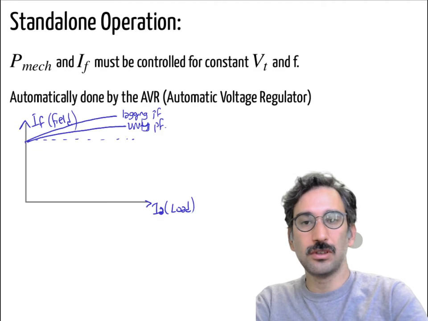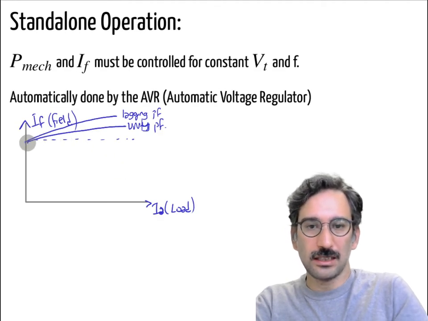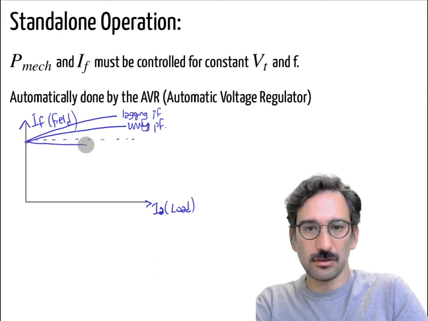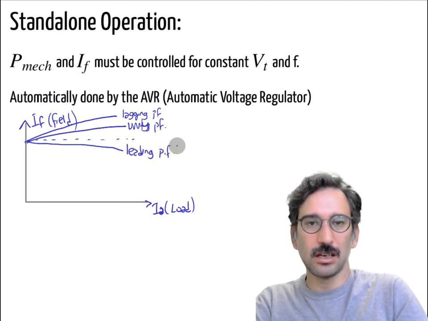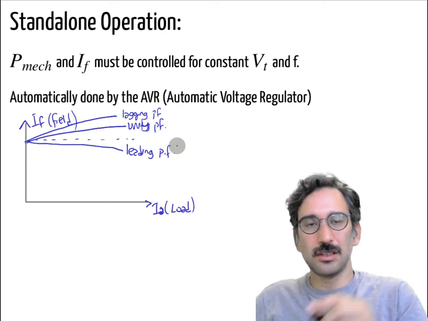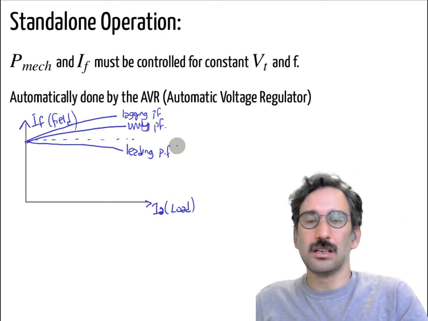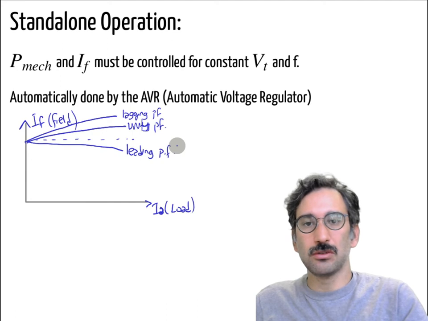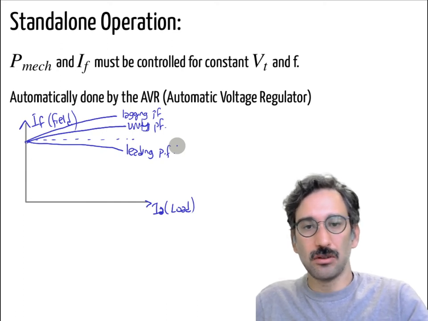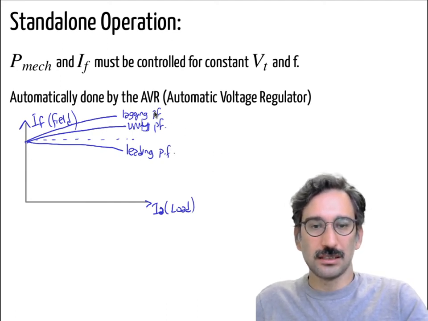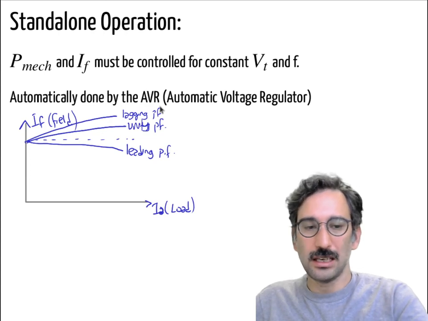So I need to reduce the field current as the load increases. Of course, you don't have to define those things mathematically. What's happening is you have a voltage sensor, there's a feedback loop, there's a controller, P controller or PI controller, and it compensates for that automatically using the AVR.